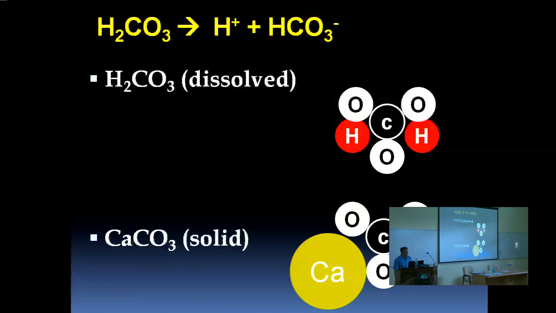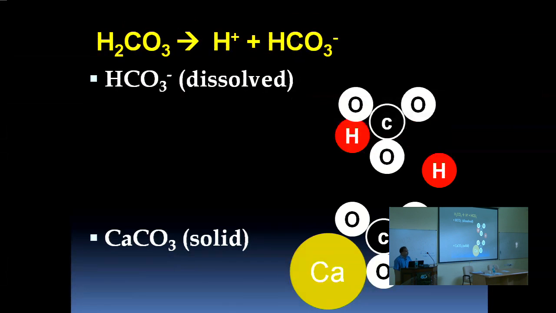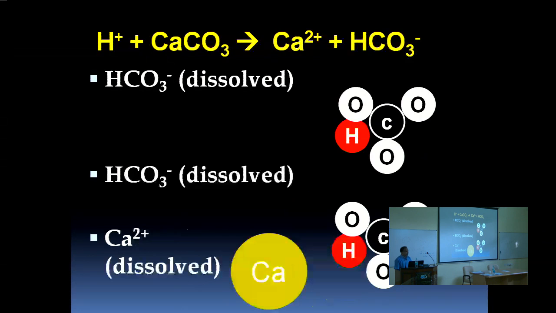Now you see what happens. One of the hydrogen ions gets dissociated, so you form bicarbonate and separate the hydrogen. It comes and it actually knocks down, so you basically create another bicarbonate.